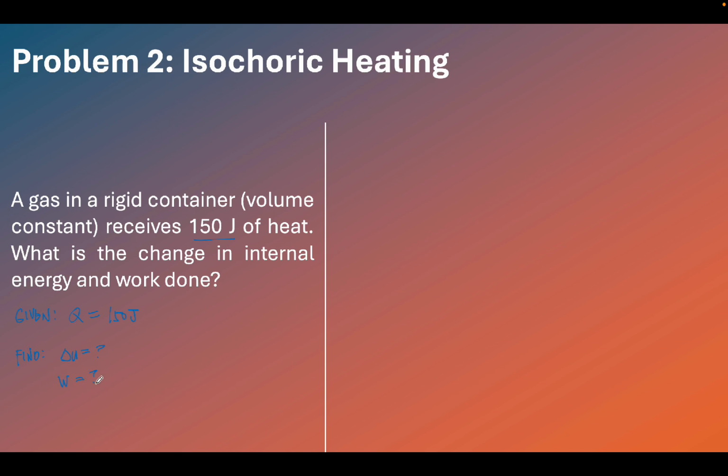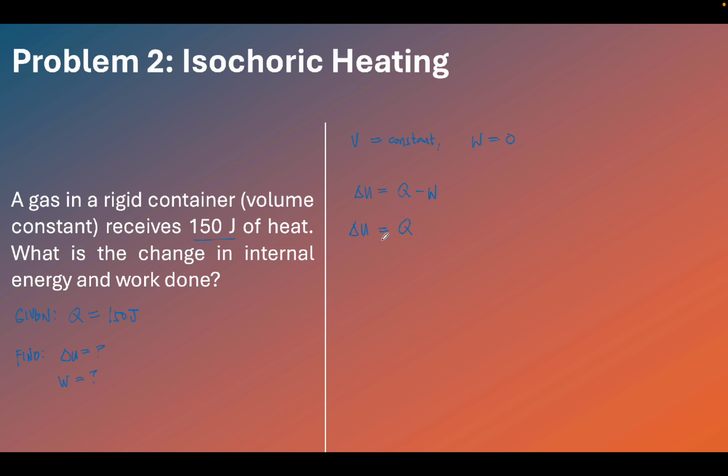Now since volume is constant, if you can still remember in isochoric, volume is constant, so work done is equal to 0. So if work done is equal to 0, from the first law of thermodynamics, delta U is equal to Q minus W. Our work is 0, so delta U is just equal to the heat.